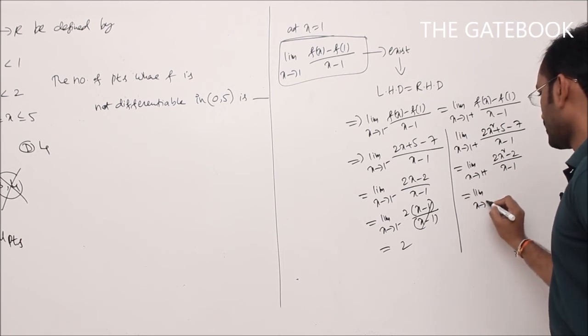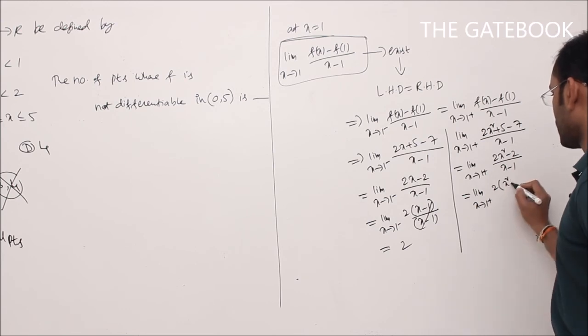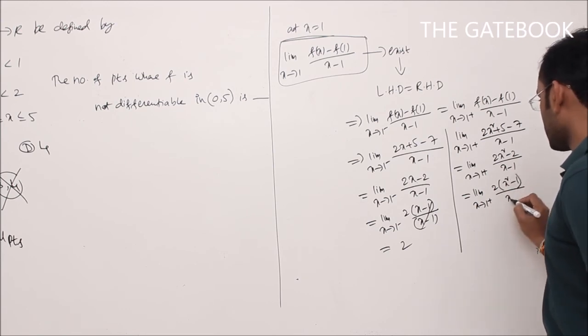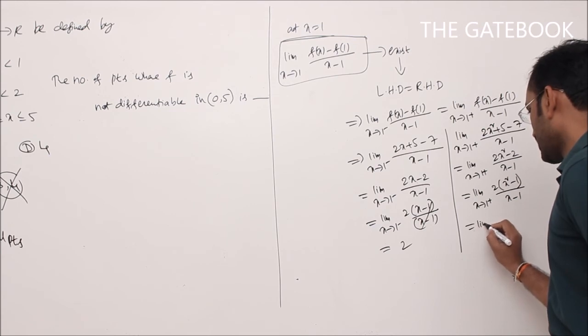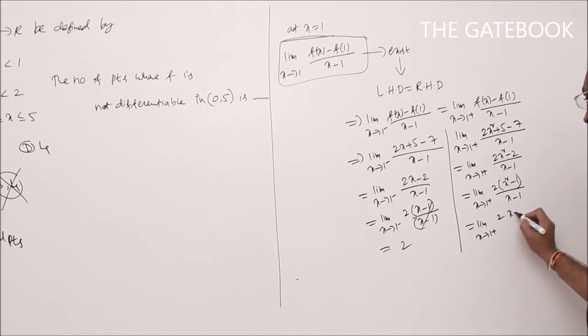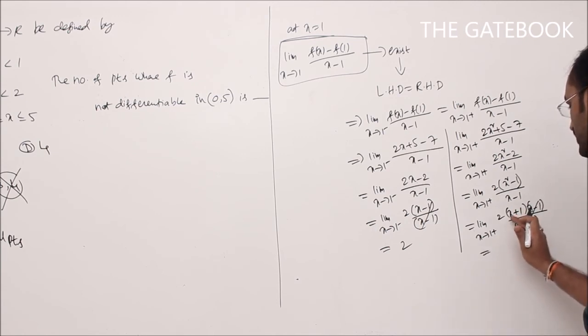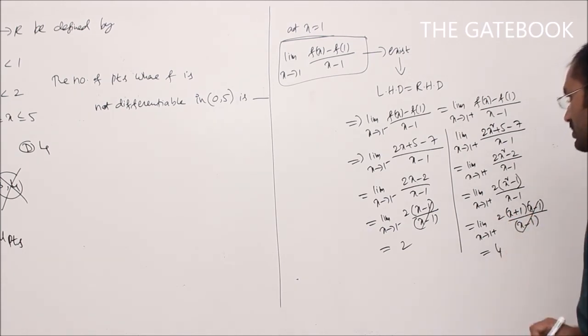Taking 2 common, we get x square minus 1 by x minus 1. The limit as x tends to 1 plus of 2 into x square minus 1, which can be written as (x plus 1) into (x minus 1), by x minus 1. Replacing x with 1, we get 1 plus 1 is 2, 2 into 2 is 4.